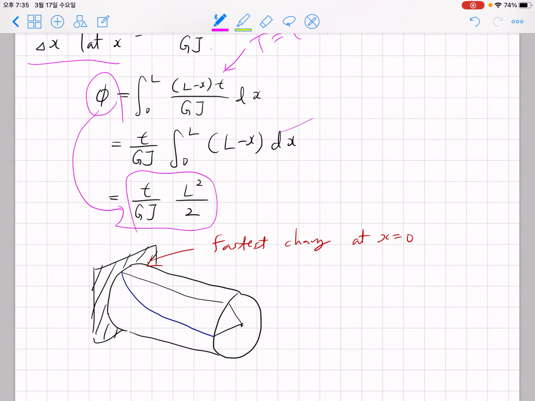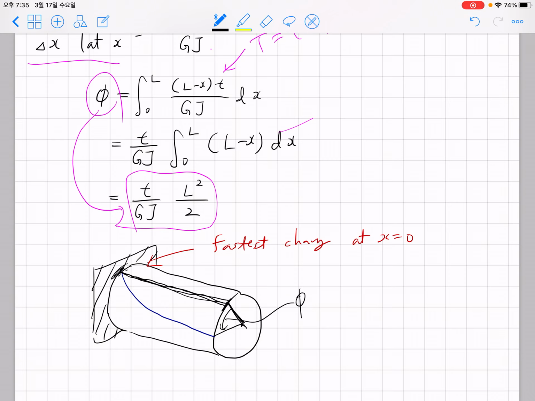And even more interesting comes if we try to visualize the deformation. Suppose that before the application of the torsion, we have a line on the surface. After the torsion, this line will move to here, with angle phi. But what about the line between the wall and here?